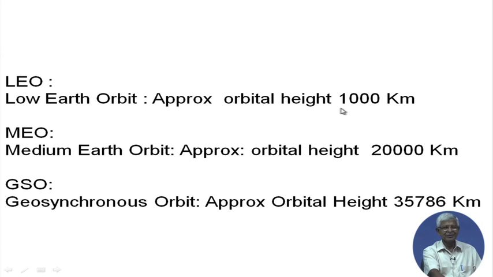Of this order, 1000 kilometers is low Earth orbit. Medium Earth orbit is approximately 20,000 kilometers, and geosynchronous orbit is approximately 36,000 kilometers, as we have seen. So, these are very brief definitions. We will use the terms LEO, MEO, GSO and GEO, that is why I have shown this.